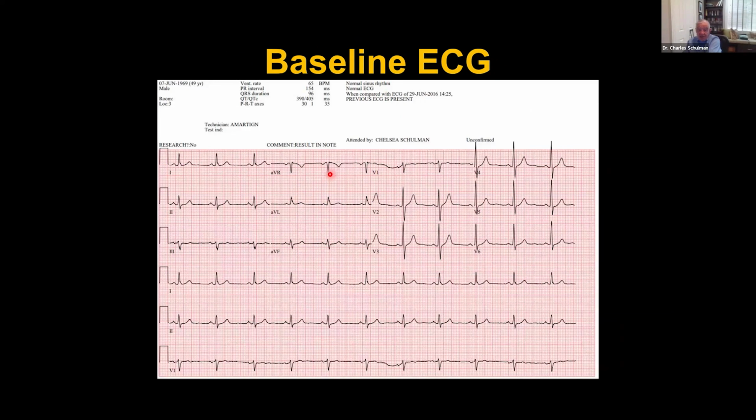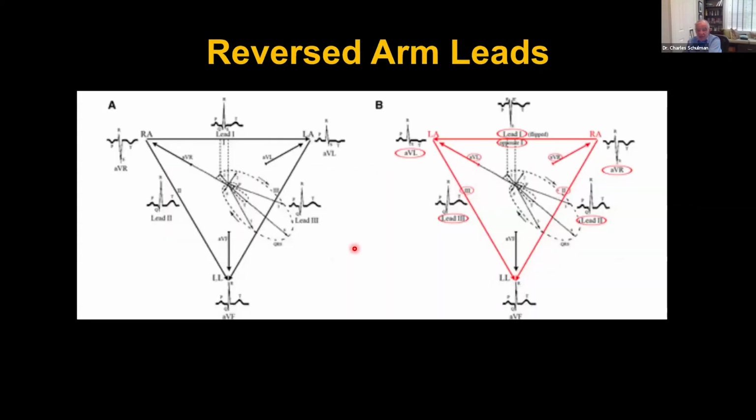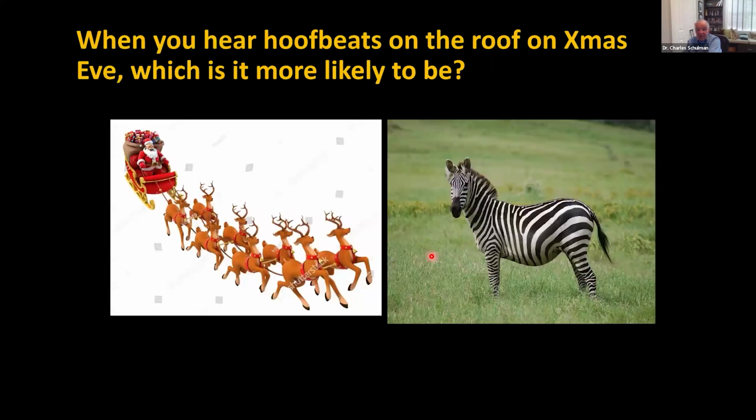The basic impulse travels away from AVR and toward AVL, right? Instead of the other way around. So this is really AVR, this is really AVL. That's because the arm leads are reversed.